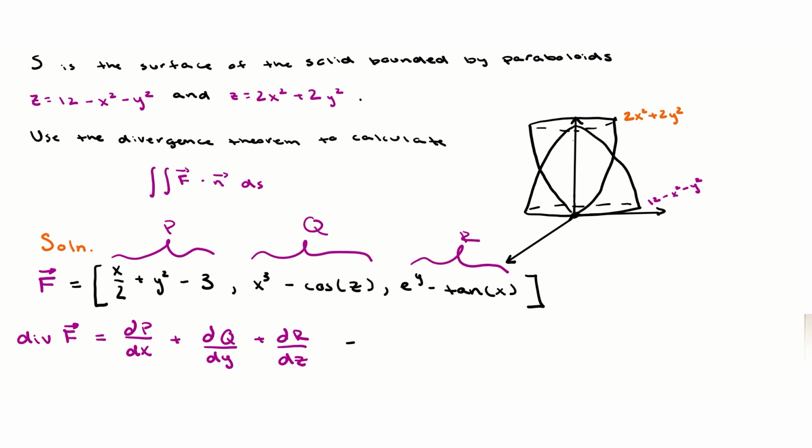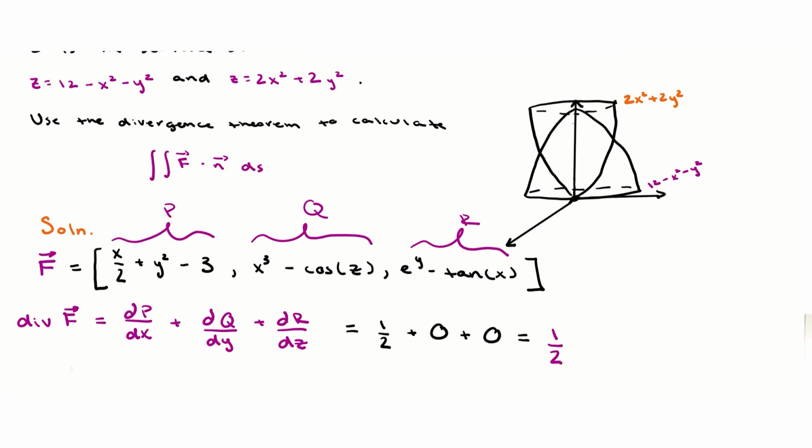We see that the partial derivative of P with respect to x equals 1/2. The partial derivative of Q with respect to y equals 0 because there is no y variable in Q. Same goes for R. The partial derivative of R with respect to z equals 0 because there is no z variable in R. So we see that the divergence of our field equals 1/2.